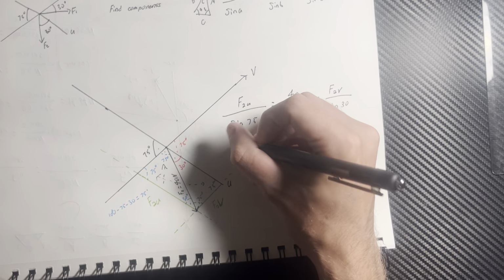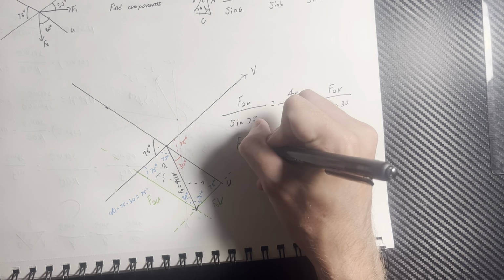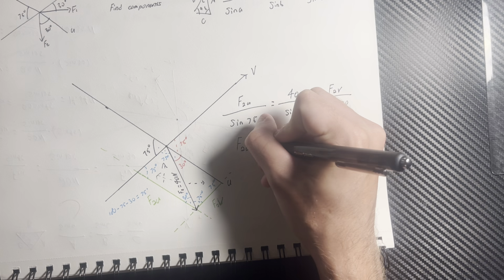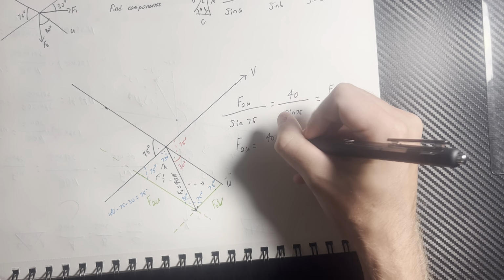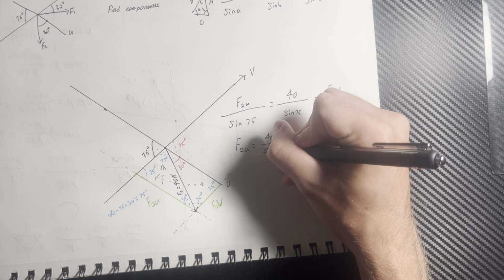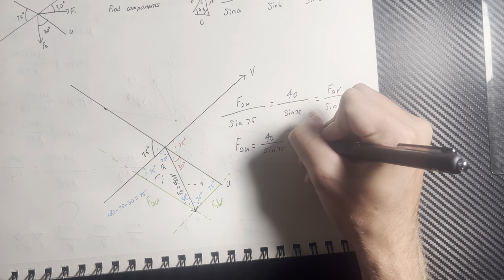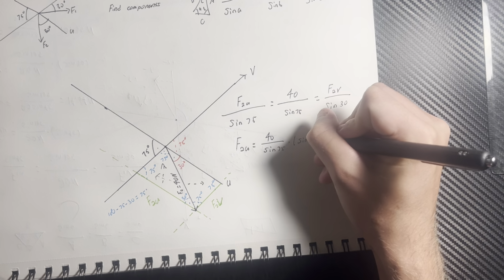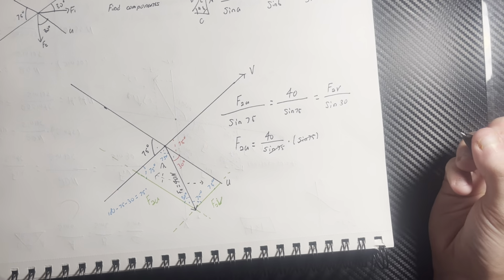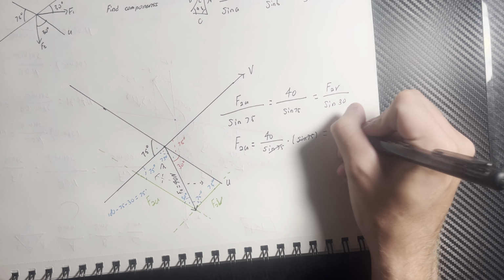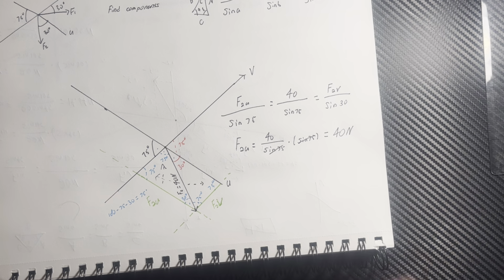So we get, this is just simple algebraic expressions, F2U equals 40 over sine 75 times sine 75. Now, these sine 75s are going to cancel, and you're just going to be left with 40 newtons.